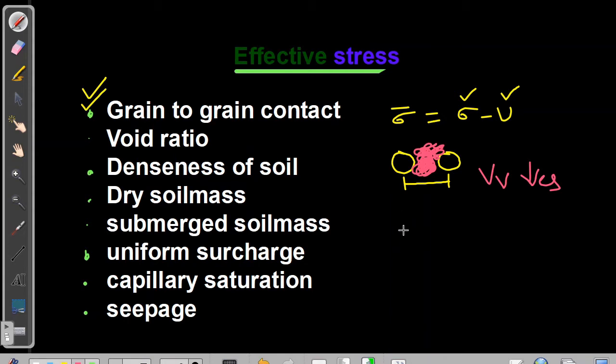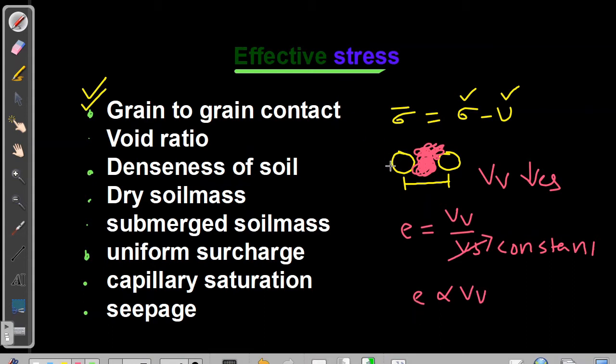From the basics, void ratio equals volume of voids by volume of solids. In soil mechanics, note that soil solids are incompressible. It means that they don't compress, so the volume of solids will be constant. Then e is directly proportional to volume of voids.